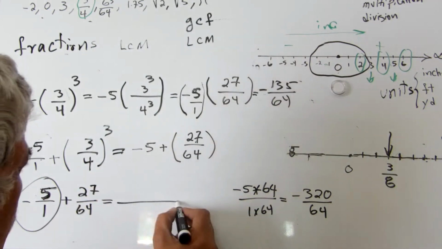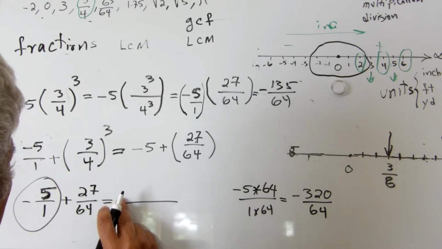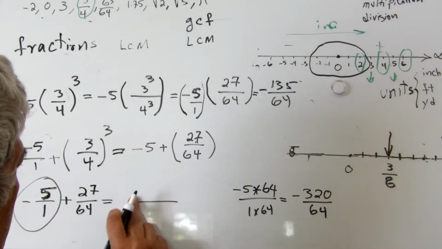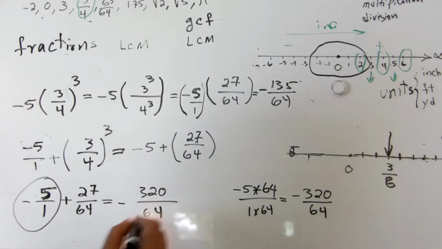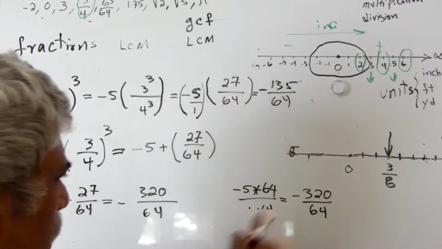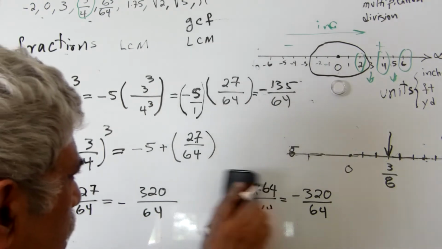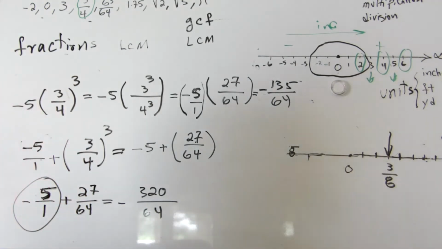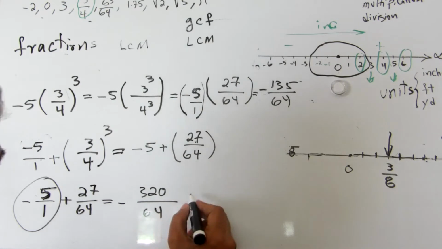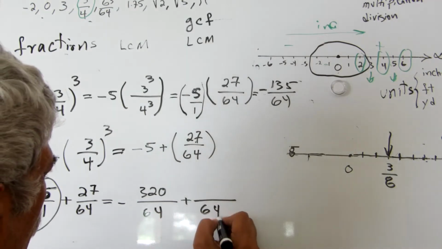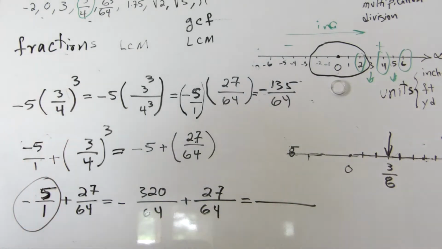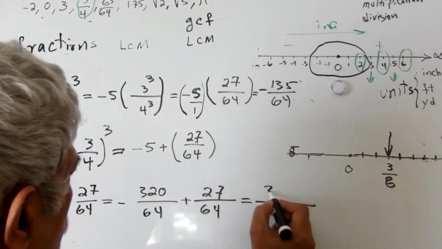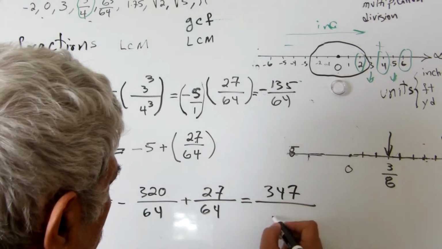Now we have minus 320 over 64, which we could simplify, but for the purpose of solving this fraction we don't simplify. Then minus 320 plus 27.